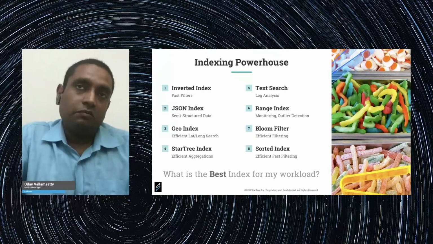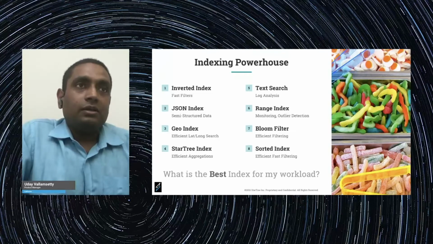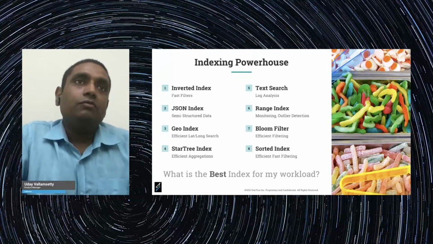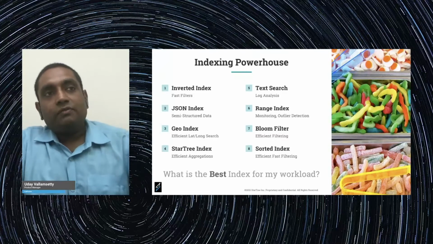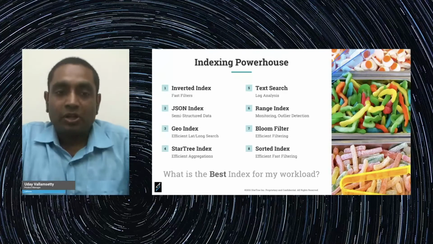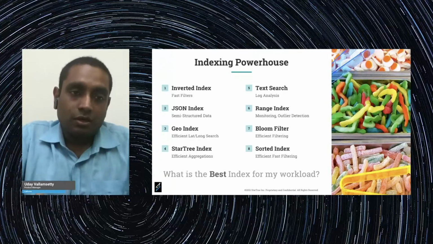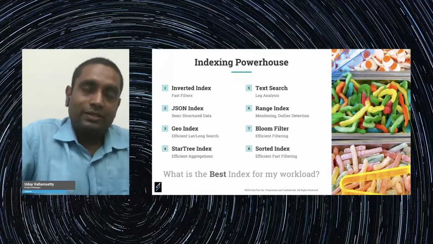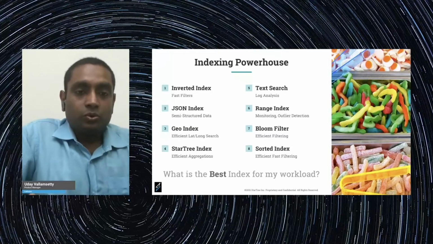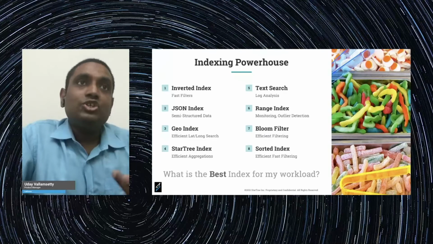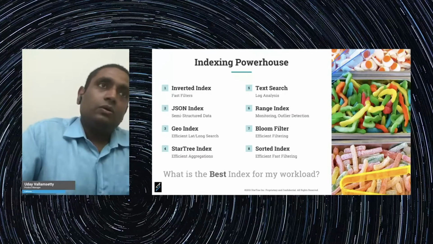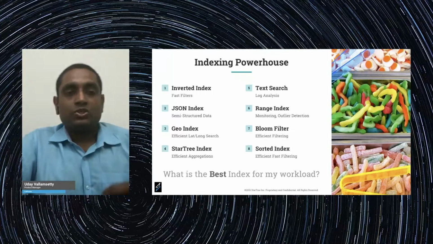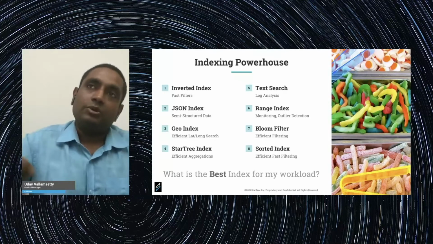Geo index, for example, if you have data that has latitude and longitude information, you can do efficient searches to be able to identify and build location-based applications. StarTree index, obviously the crown jewel of the Pinot indexes, allows you to do fast aggregations in an efficient way and have the ability to tailor your SLAs based on storage or performance.